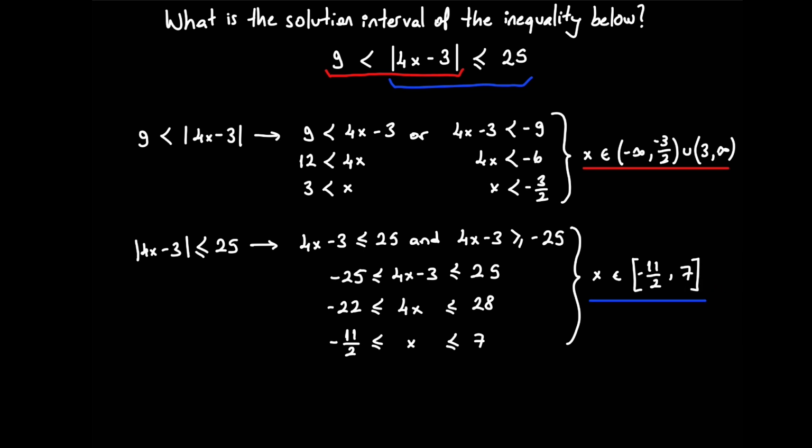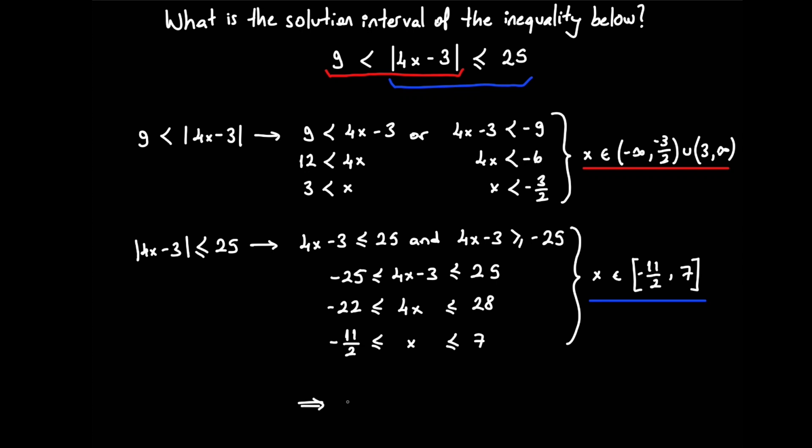the blue condition. So in order to solve the question, we need to find the x values that satisfy both red and blue conditions. Therefore, we will compute the intersection of these intervals that we found for red condition and blue condition.